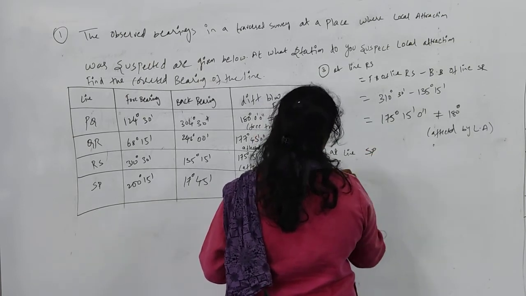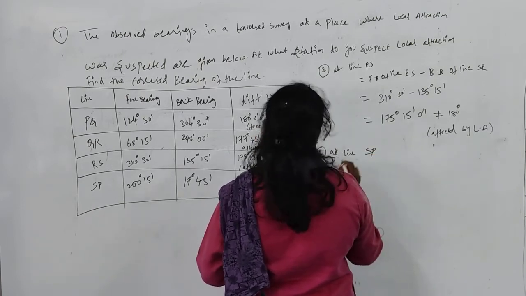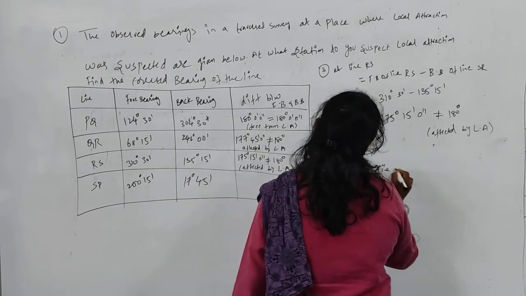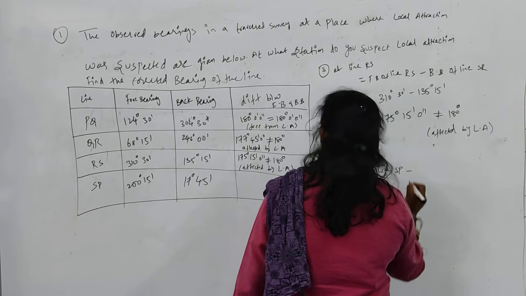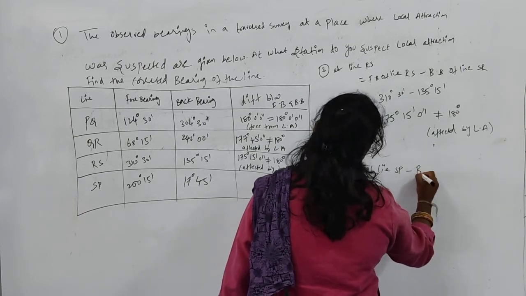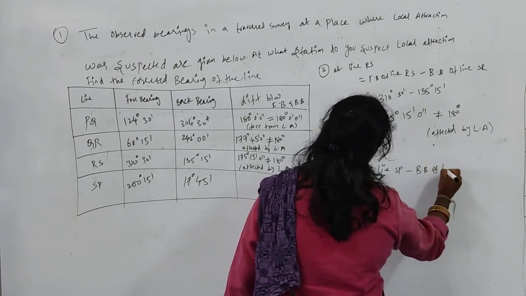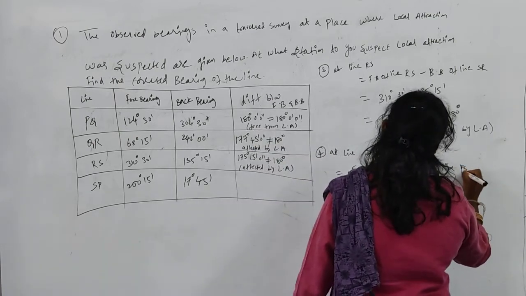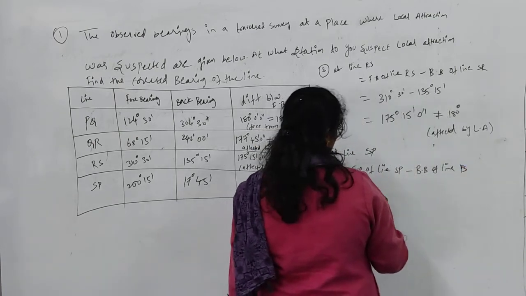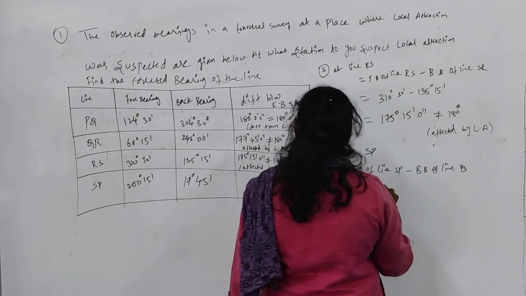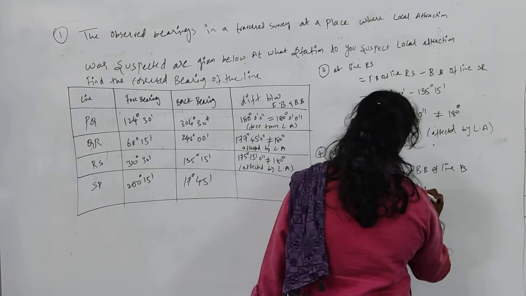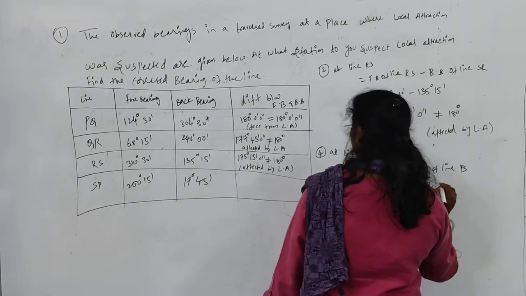line SP equal to higher value is forebearing of line SP minus back bearing of line PS. So right here, 200 degrees 15 minutes minus 117 degrees 45 minutes.